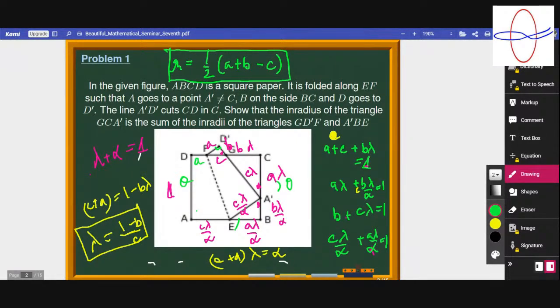Okay. You want to substitute lambda by alpha in equation 2. Okay, this one, lambda by alpha in equation 2. How will that help?